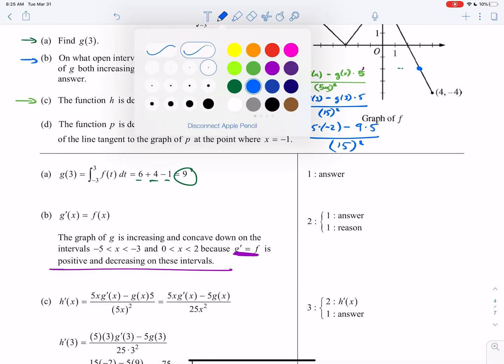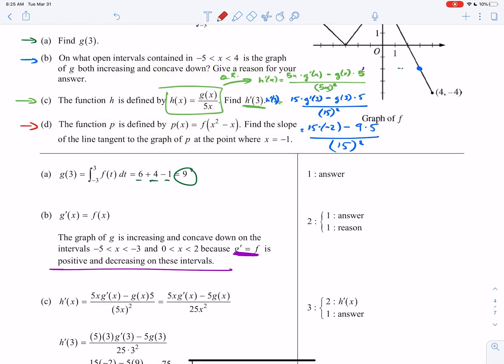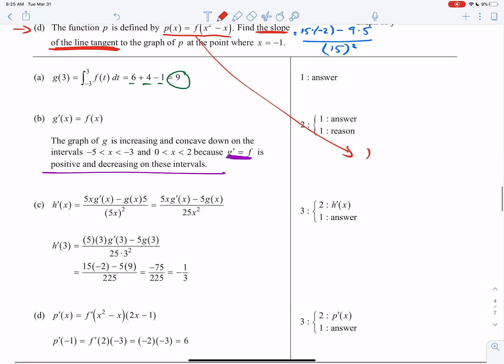Here's the last one. Part D. Function P is going to be f of x squared minus x. Find the slope of the tangent line to the graph of P at the point where x equals negative 1. So all in all, we need the slope of the tangent line. That's code for just derivative, okay? So how do I find the derivative of P of x here? So I know that P of x is f of x squared minus x.